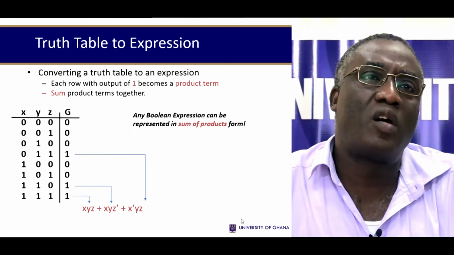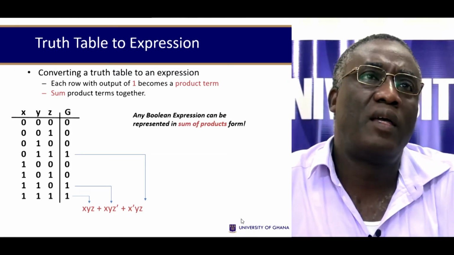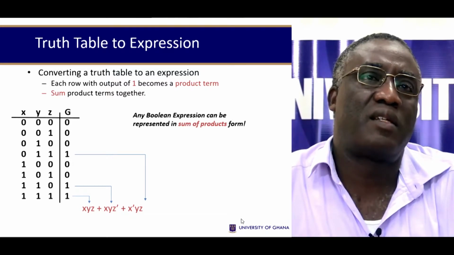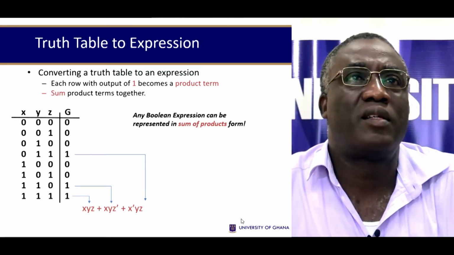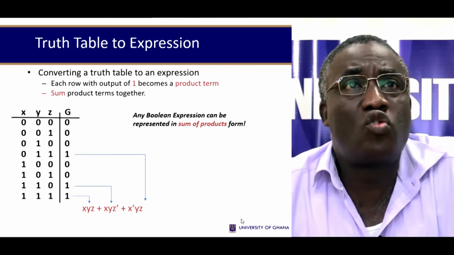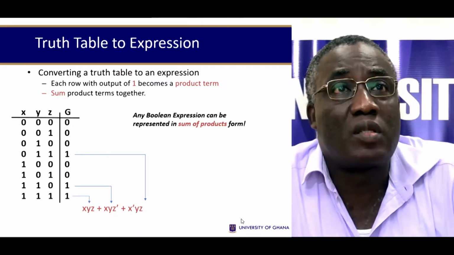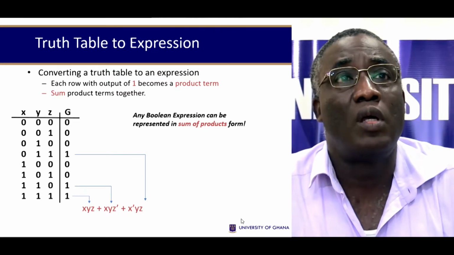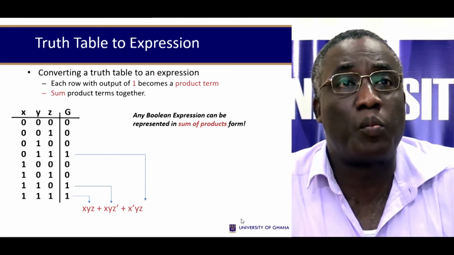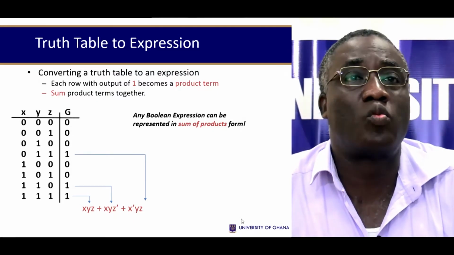Or you get an output of 1 when you have x and y and not z. Or you get an output of 1 when you have x, y, and z. So each row with an output of 1 becomes a product term, and then the sum of products brings the terms together. These are the product terms, and then you sum them to get a final output.